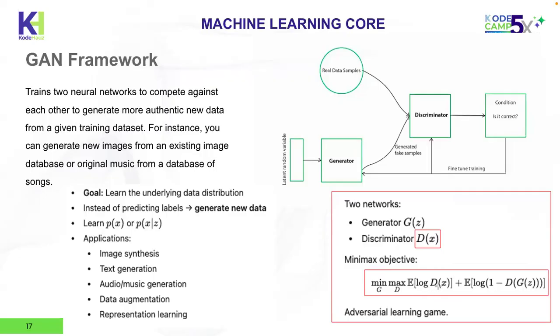So you take the log of the output from the discriminator, right? And then you get the maximum for a particular discriminator, and you get the minimum for the generator, right?